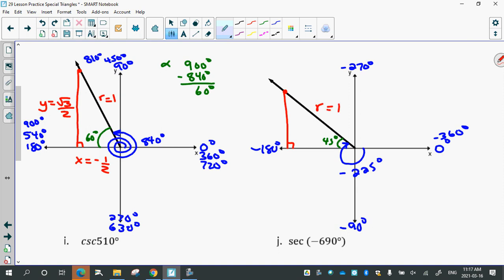One. 45-degree triangle, they have the same size 1/√2, but in the second quadrant, x is going to be -1/√2, and y is going to be positive 1/√2.